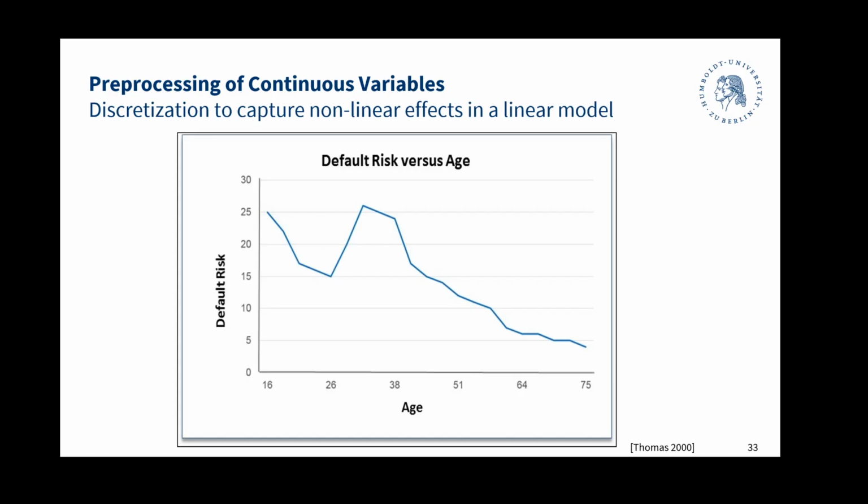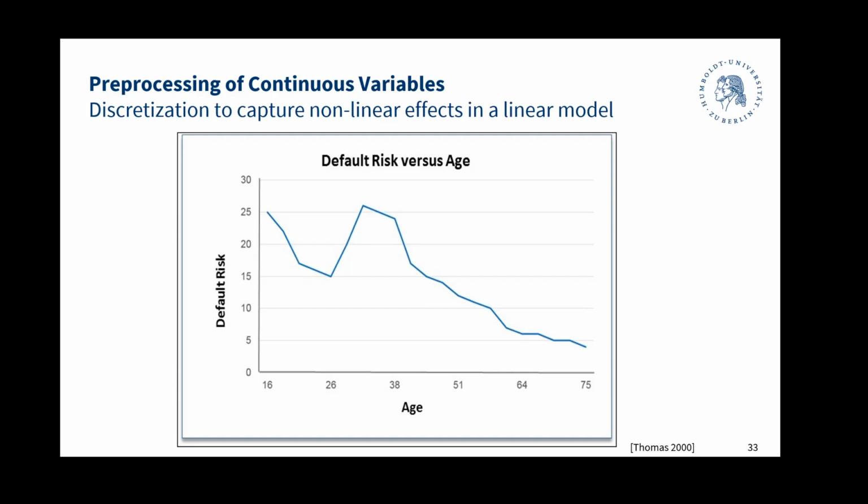And here I'm showing why it might help you to capture nonlinearity. Imagine a hypothetical correlation structure between a variable age and a variable default risk, how risky it is to lend to some client.